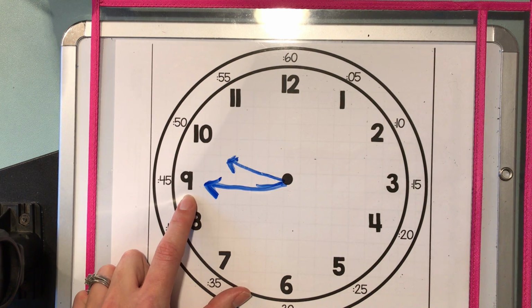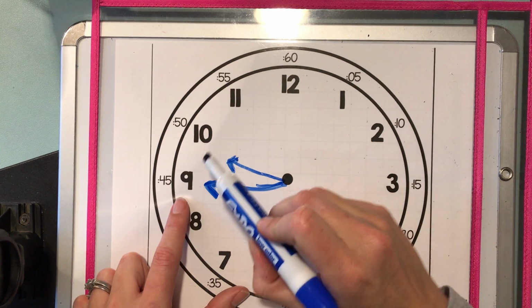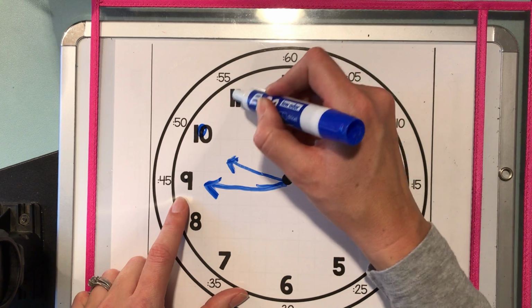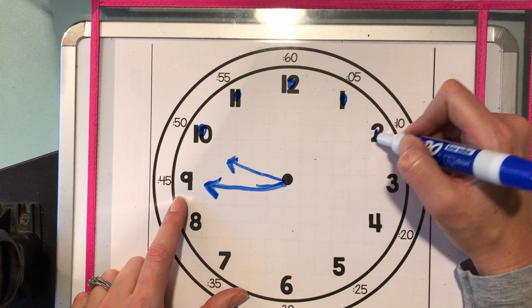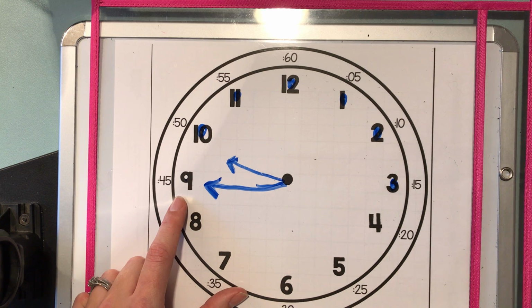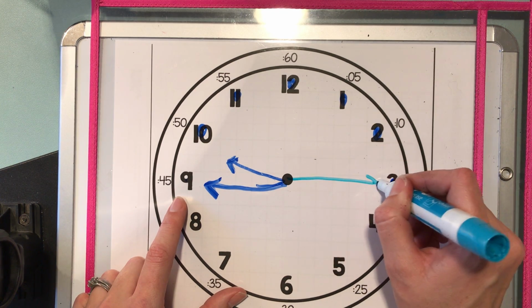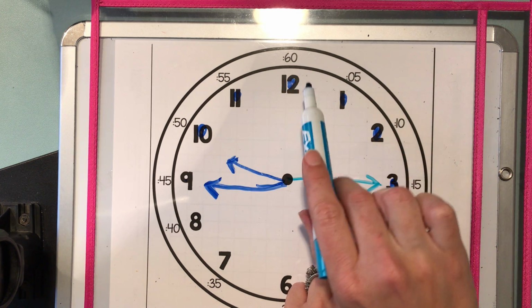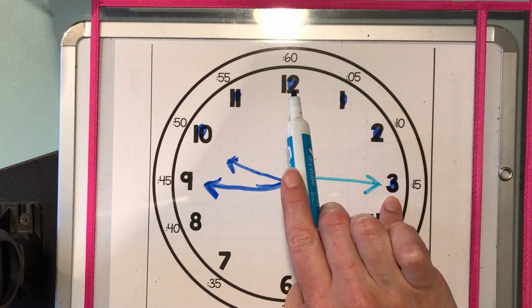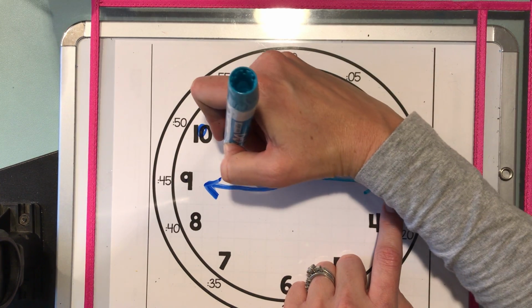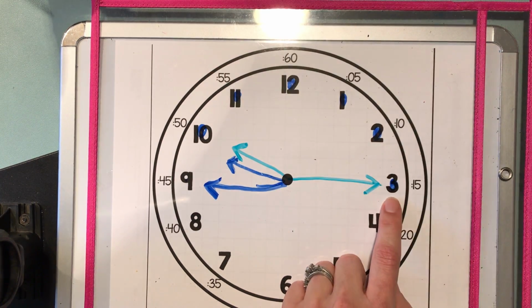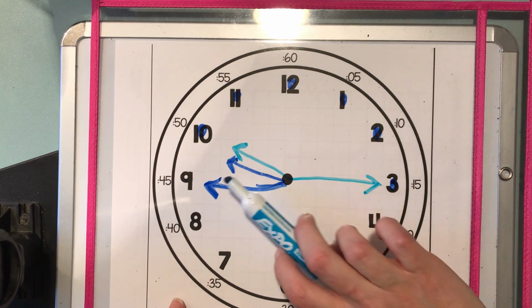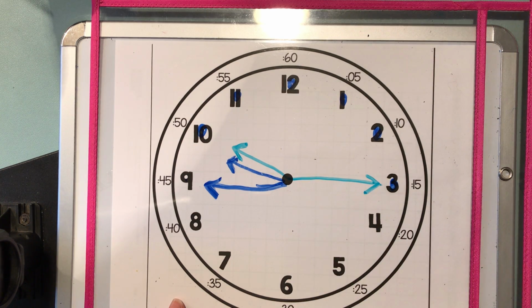What time will it be in 30 minutes? Okay, let's count by fives and see what we land on. 5, 10, 15, 20, 25, 30. So my new time, we know the minutes is 15, but I passed the 12. That means we have a new hour, right? So that is going to be pointed at 10 now, because it's not 9 o'clock anymore. It's now 10 o'clock. So the elapsed time here is 10:15.